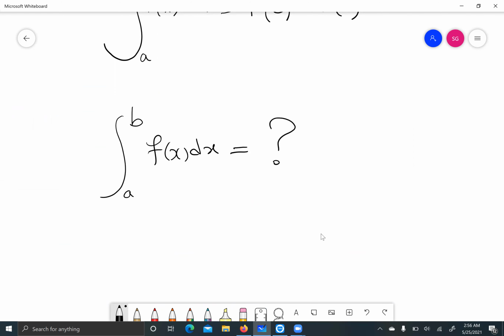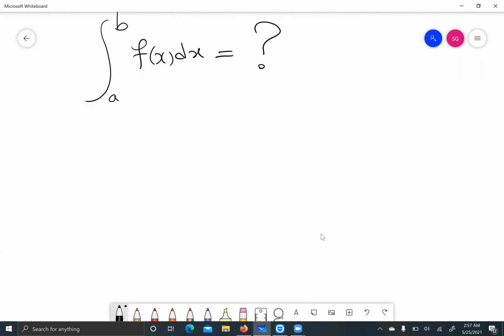How do we evaluate an integral? What are the techniques? What are the methods? This week, that's our focus. We want to focus on the ways to compute integrals.